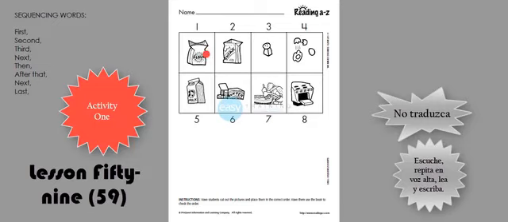We are making some cookies. First, we put in some flour. Second, we put in some sugar. Third, we put in a little salt. Next, we put in 2 eggs.